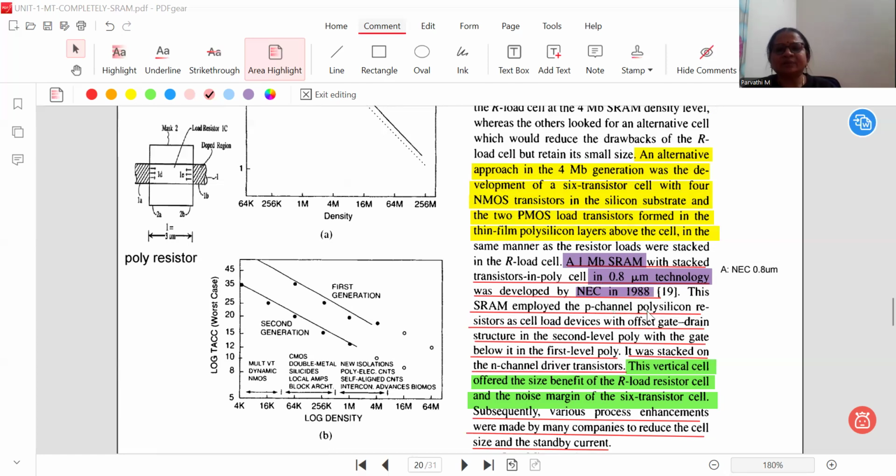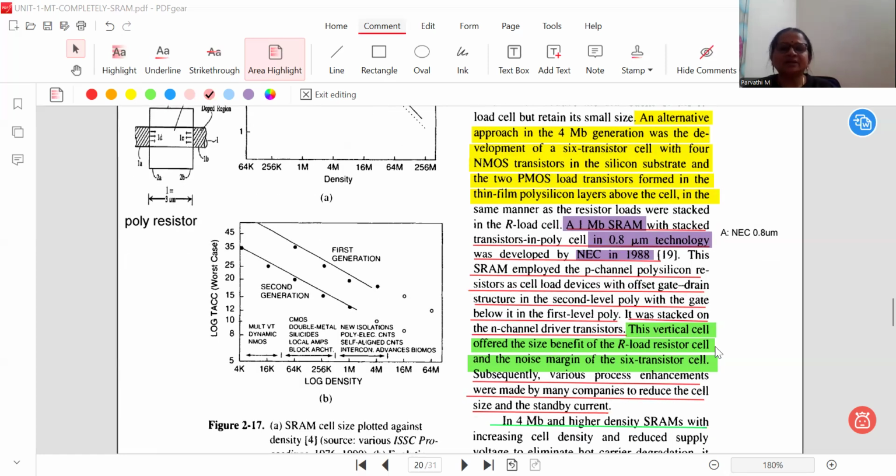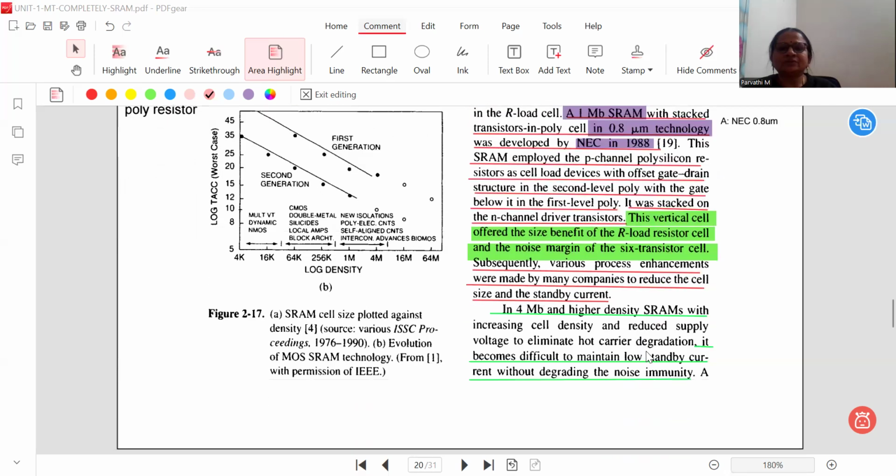So the SRAM employed P-channel polysilicon resistors instead of poly resistors. At the same time, it used stacked N-channel driver transistors.